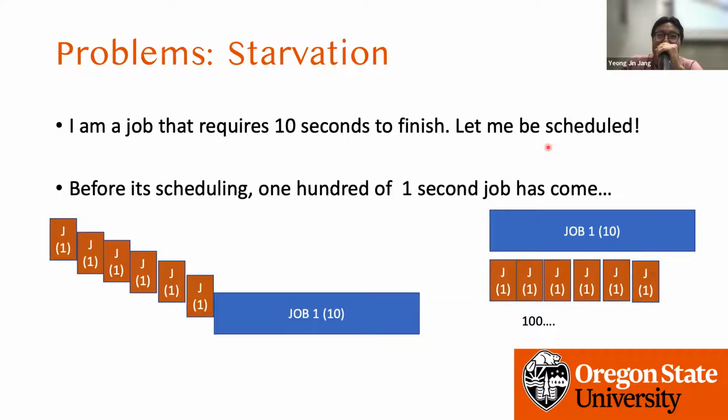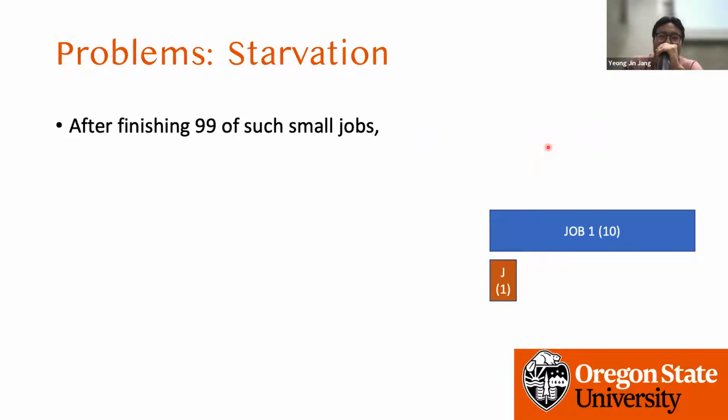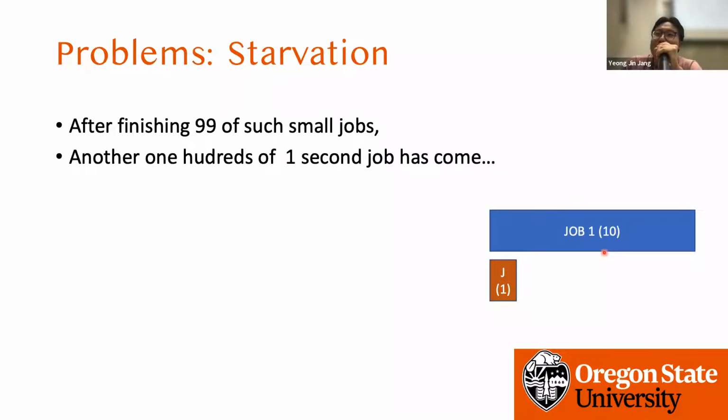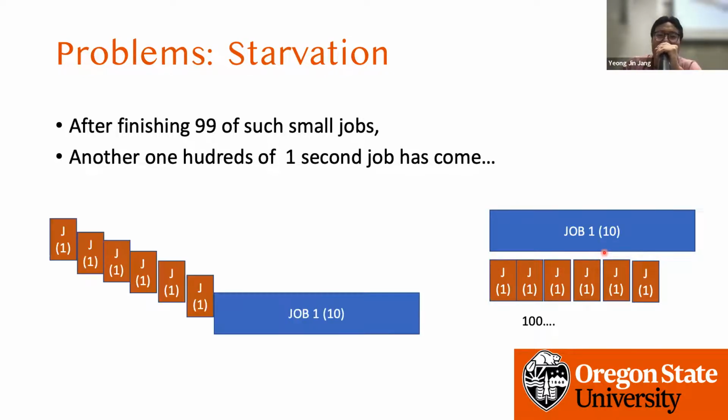After waiting 99 seconds, job one is expecting, oh, next is my chance. But there could be a case that another 100 one-second jobs come in again. Then job one can never be scheduled. That kind of case is called starvation, where a process cannot get a CPU execution slice at all.